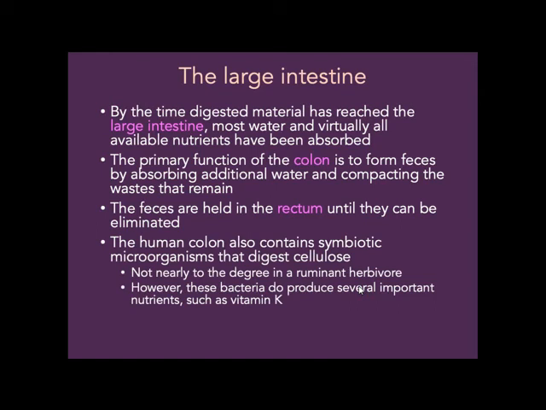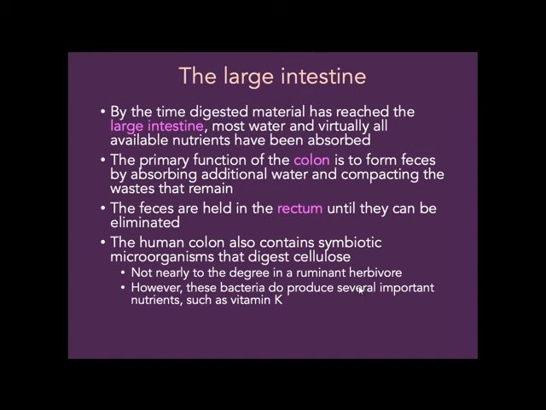Another cool thing that the human colon can do is that it has a symbiotic colony of microorganisms that help us digest cellulose. We're not super good at doing that. A cow, for example, has a really good colony of microorganisms to digest cellulose.